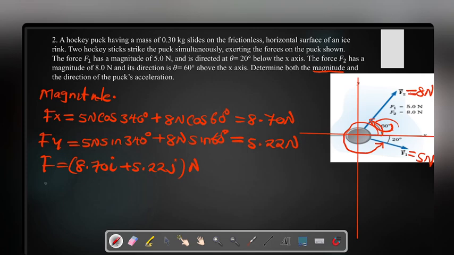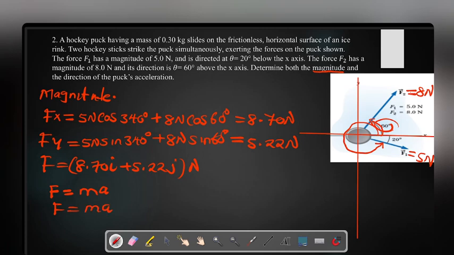So we use the same resultant force now to get the acceleration. We know from Newton's second law of motion that force is equal to mass times acceleration.